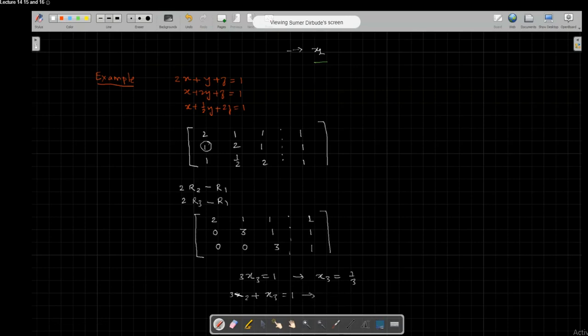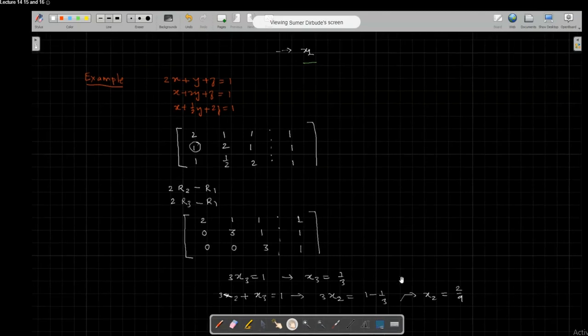So thrice x2 is equal to 1 minus 1 by 3, which gives x2 is equal to 2 by 9, isn't it? And you can just find it out.